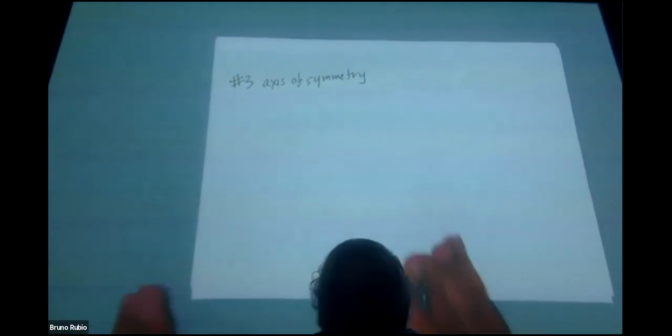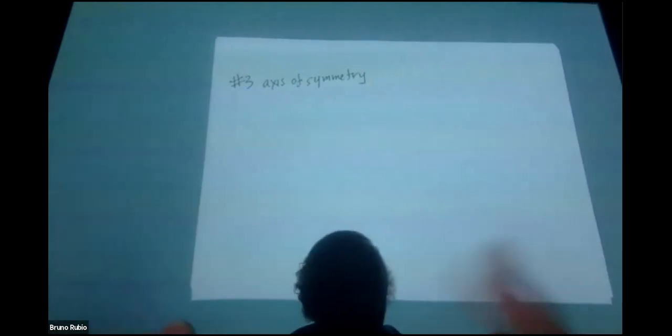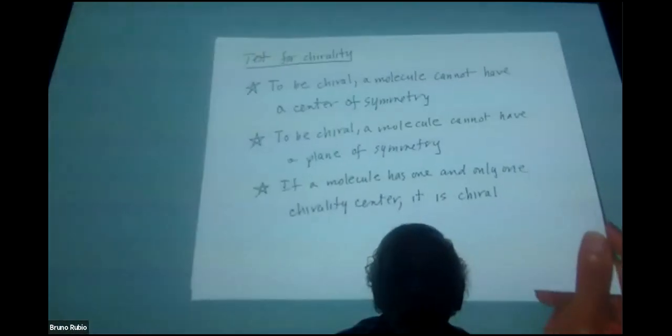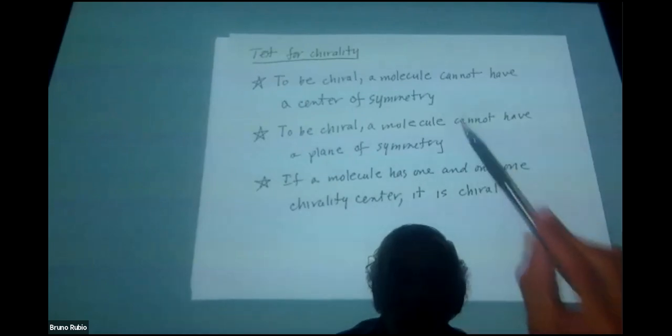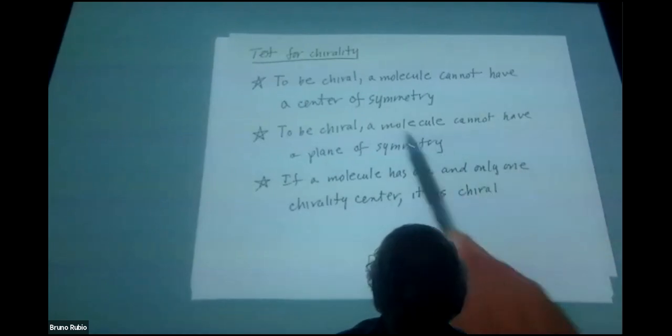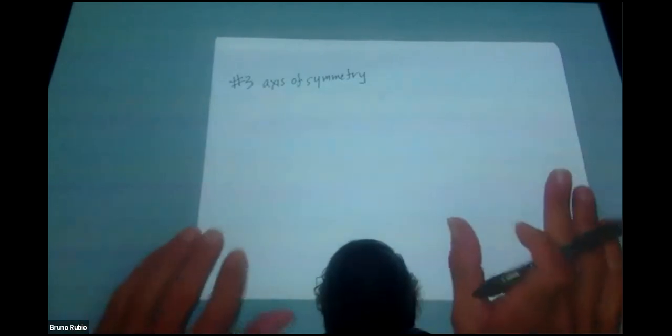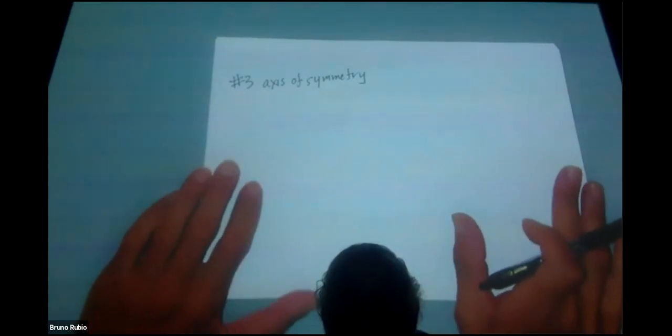But we need to talk about all of these symmetry elements now, because next week when we get into nuclear magnetic resonance, NMR, we're going to need all of these symmetry elements again. So this is just the most efficient way to discuss these symmetry elements. But in an earlier page, I showed you the symmetry elements that have bearing on chirality, the center of symmetry and the plane of symmetry. The axis of symmetry doesn't have bearing on chirality, but let's talk about it anyway, because we're going to need to talk about it eventually.